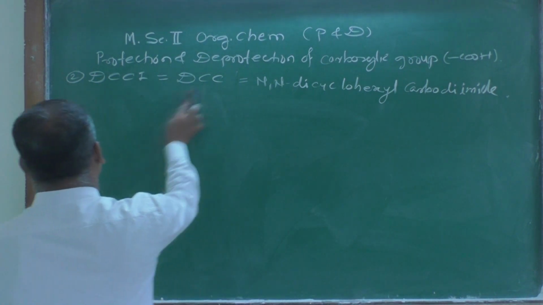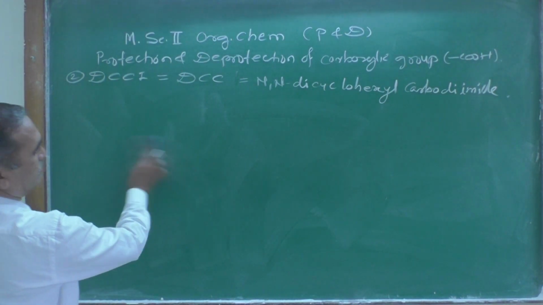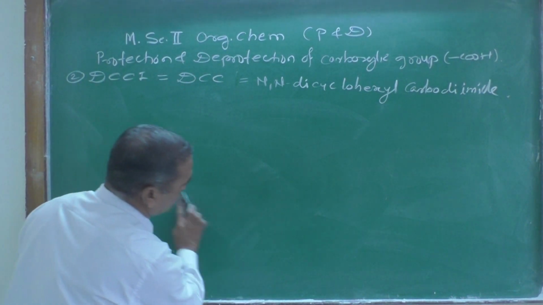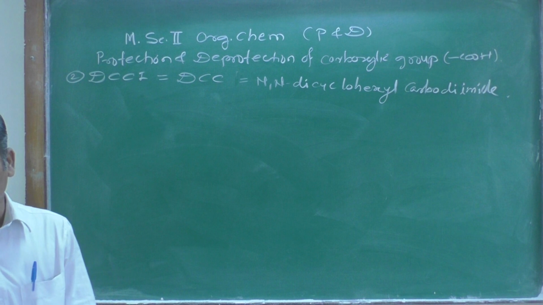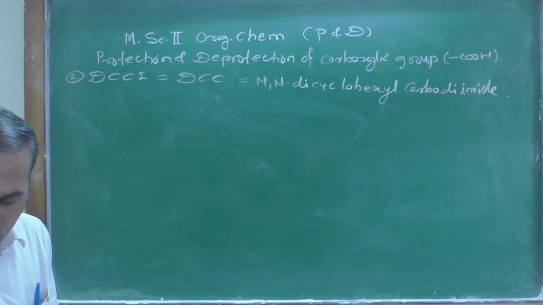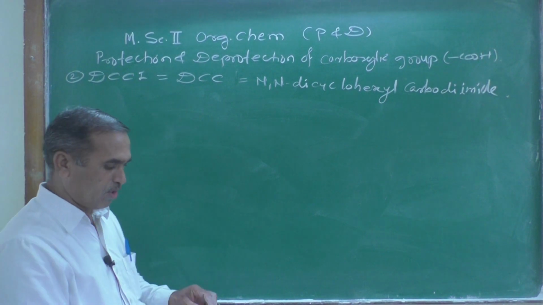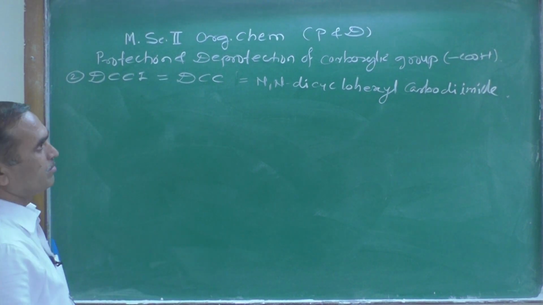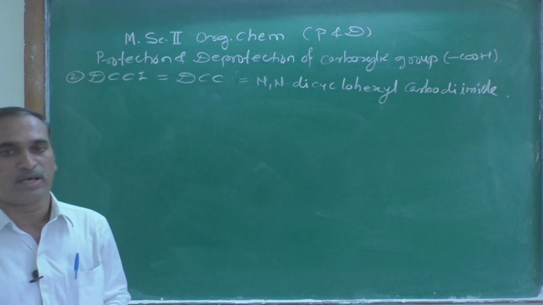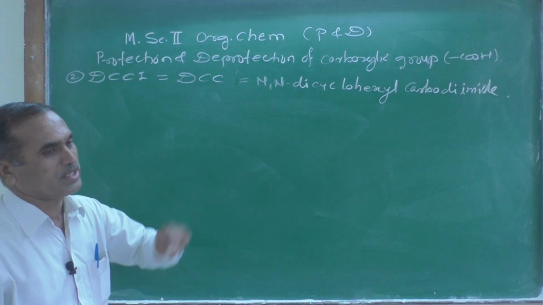Let us see with the help of a suitable example. DCC is used to protect the carboxylic group, the purpose being to decrease the activity of the carboxylic group, because there is a problem of chemoselectivity raised due to the acidic proton.